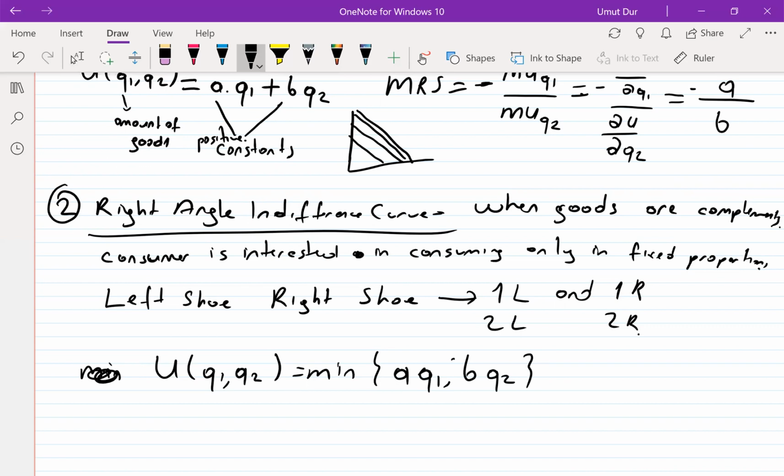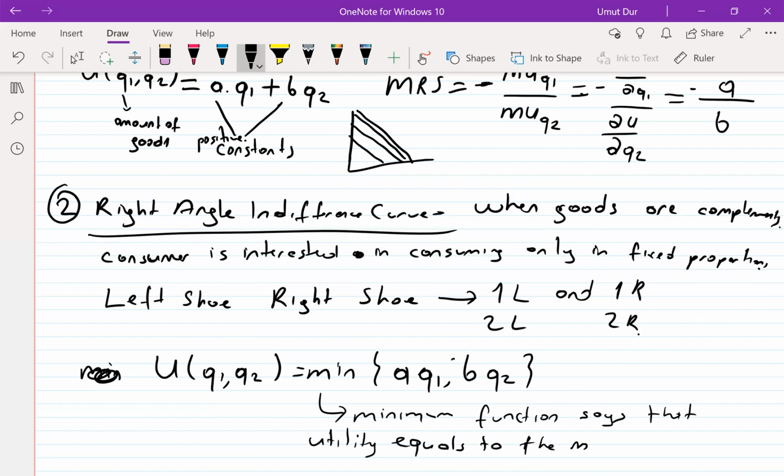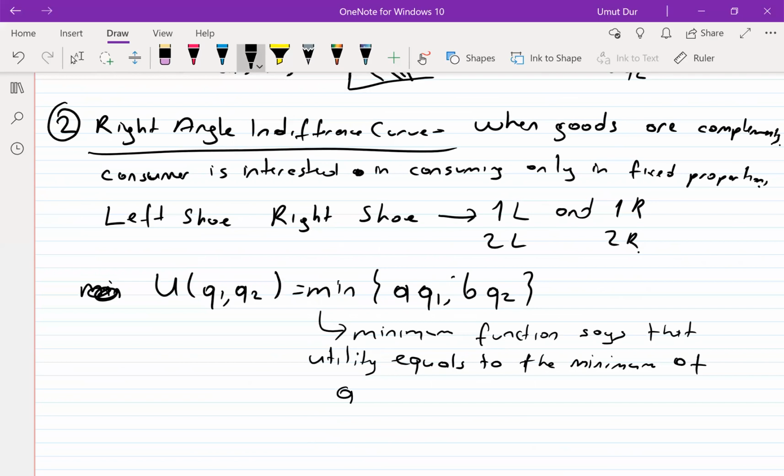This is something a little bit different than what you have seen before. This minimum function says that utility equals the minimum of aQ1 and bQ2.